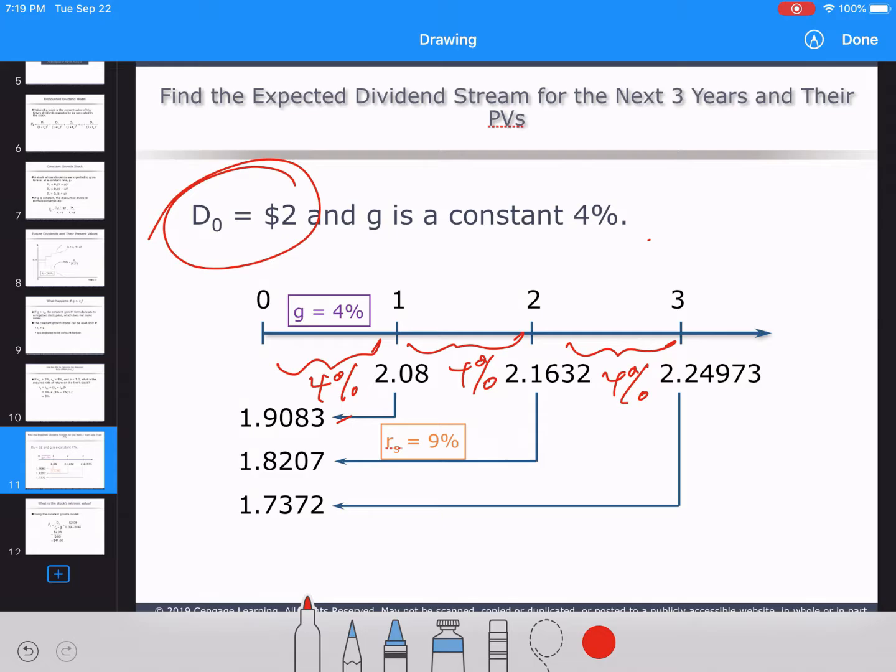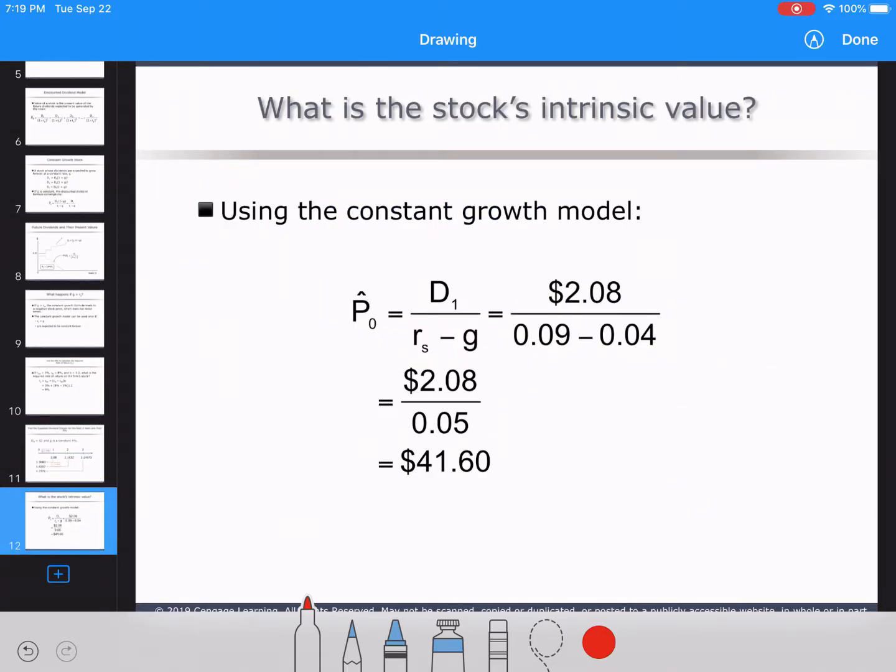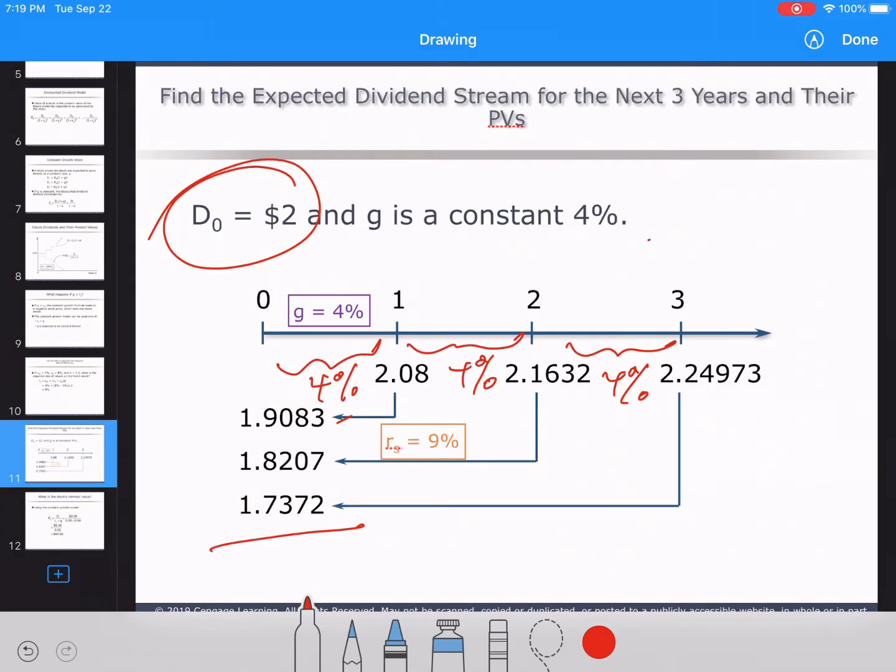One is 2.08, then find the present value of it, and then 2.1632, present value of it, and then you take 2.24973, take the present value of it, and then you add them up. That will be your present value, but it's going to go to infinity, right? You cannot do it an infinite number of times.